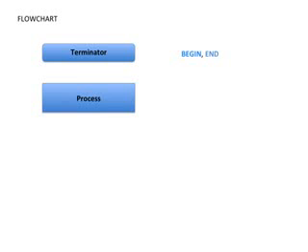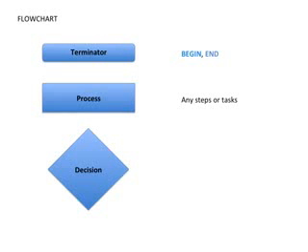The process symbol is a rectangle. We can put a step or task in this symbol, but we need a separate symbol for each step or task that we do. Finally, the decision diamond allows us to add any question to the flowchart.